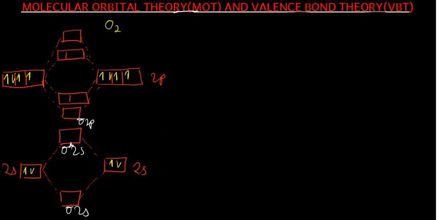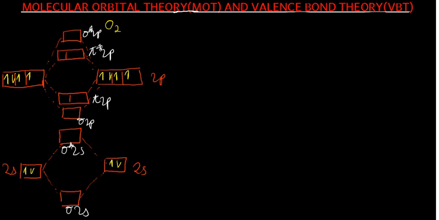This one, there are two of them, so it will be a pi, coming from the 2p. This one, there are two of them, but it's high in energy, so it will be pi star 2p. Then this one is single, but higher in energy, so it will be sigma star 2p.